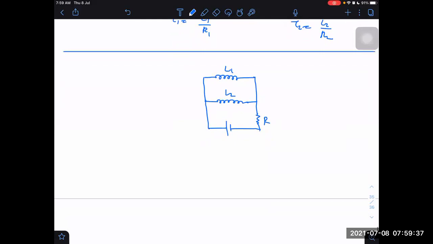Or is it even defined? One thing I can say here is that the EMF across the first one and across the second one will always be the same, right? Yes, because these are always in parallel with each other.